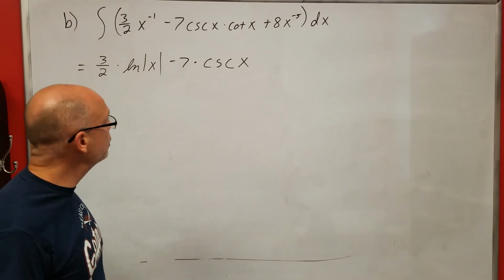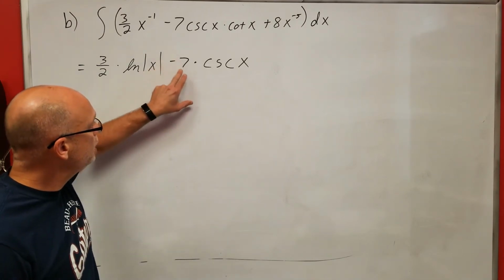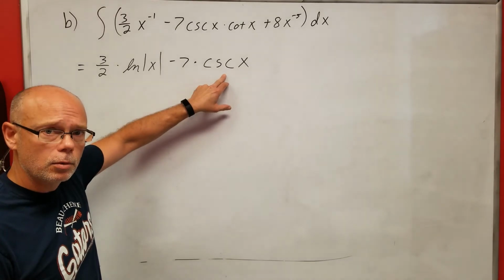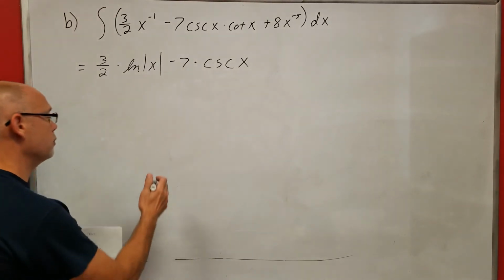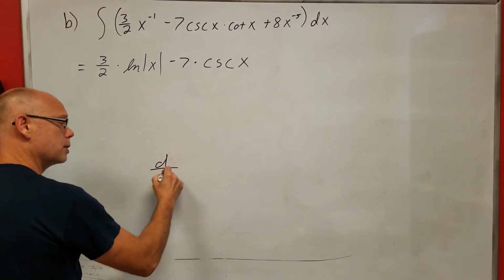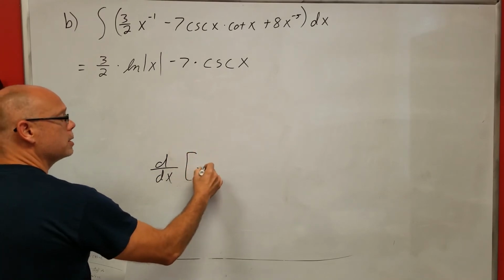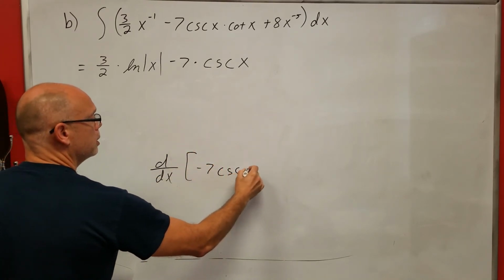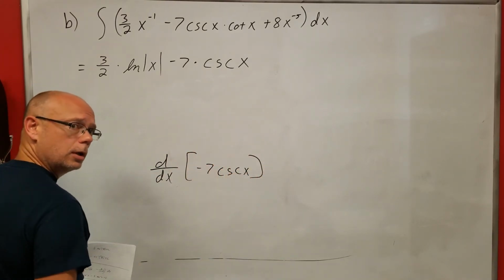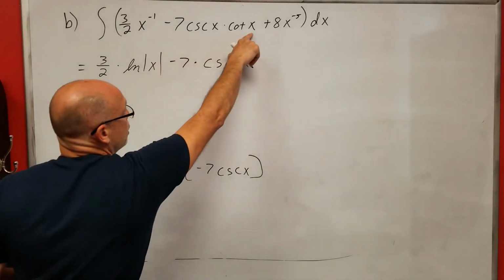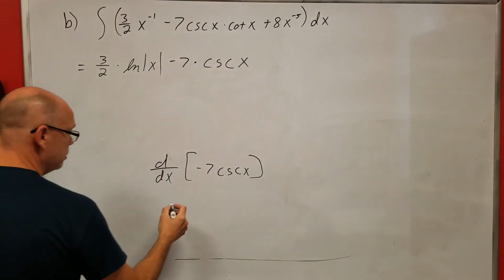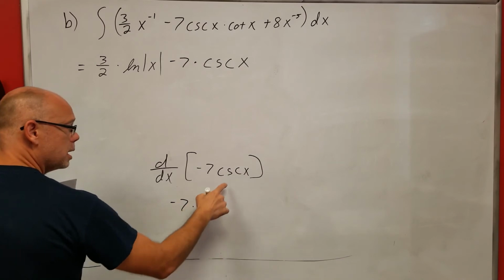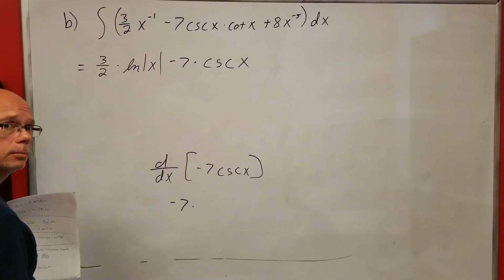I take the derivative of cosecant of x to give me cosecant times cotangent? Now I've got to be careful here, okay? If I take the derivative of this stuff, what am I going to get? Like if I go over on the side here, do some scratch work, okay? What happens if I take the derivative of this? What do I get? I should get back this part, right? Let's see. Negative 7 times, what's the derivative of cosecant?